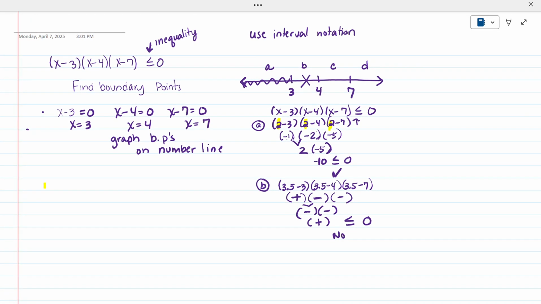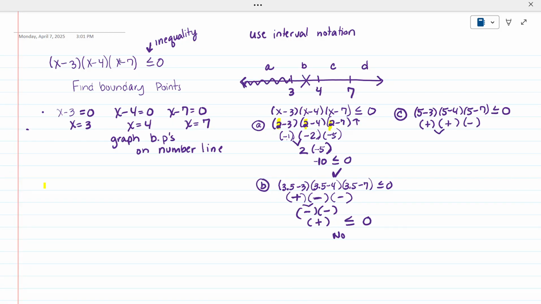So now let's try something in region C. So a number there could be 5. So we're going to have 5 minus 3, 5 minus 4, and 5 minus 7. We're trying to see if that's less than or equal to 0. So again, don't worry about the number. We really just need the sign. So that's a positive, and that's a negative.